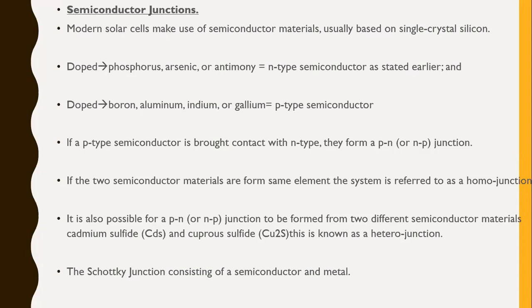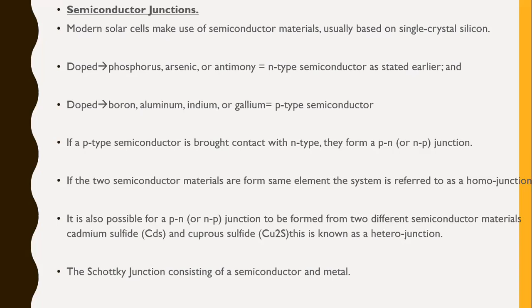I discussed earlier how N-type and P-type are formed. And if the silicon is doped with boron, aluminum, indium or gallium, it forms a P-type semiconductor.